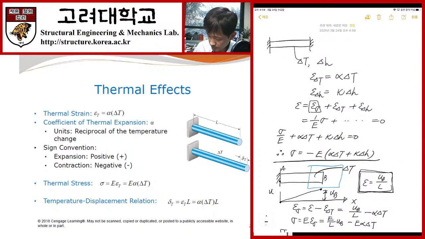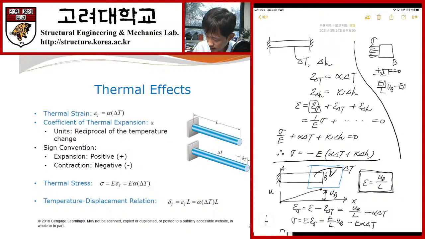There is no external force at point B. Let's use the force equilibrium: the sum of forces in that direction should be equal to 0. With the cross-section area A, we get EA over L times UB minus EA alpha delta T. These are forces, and there's no external force, that's why it should be equal to 0.